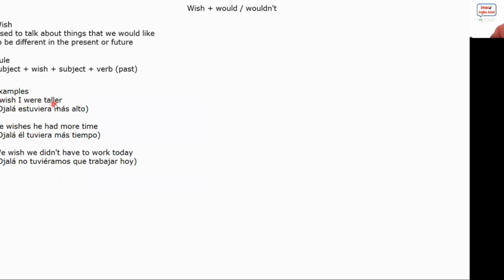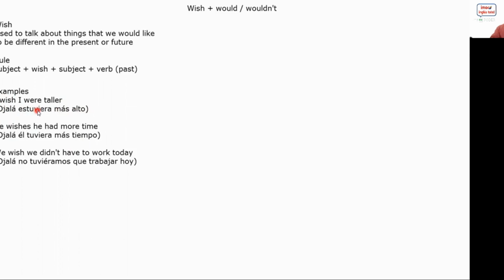I wish I were taller. Ojalá estuviera más alto. Algunas personas interpretan o traducen esto utilizando la palabra ojalá del español, o bien otras lo interpretan como yo desearía ser más alto.